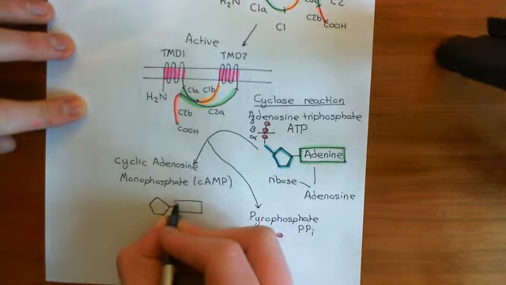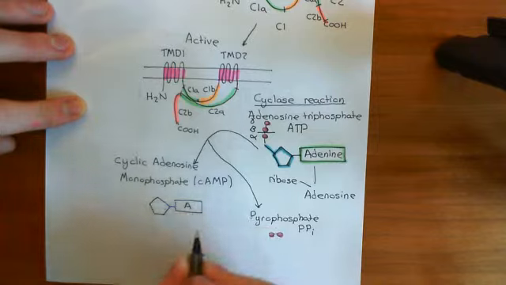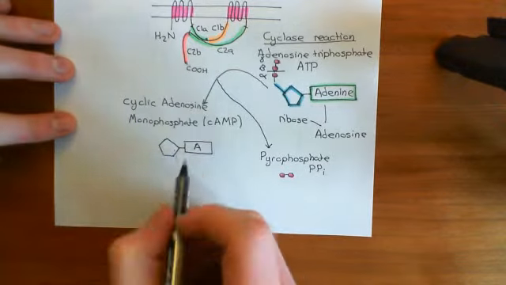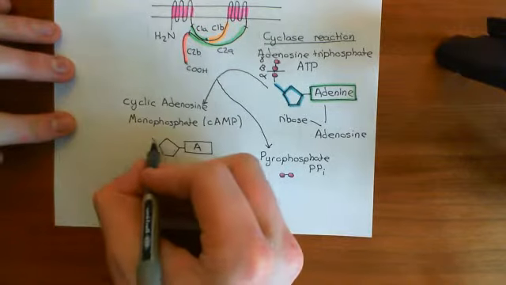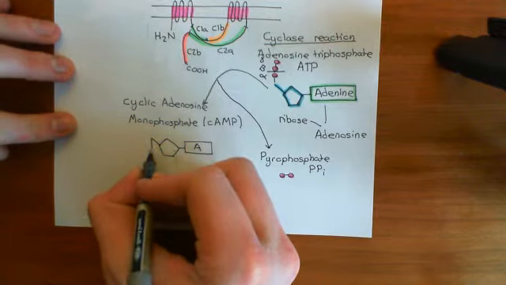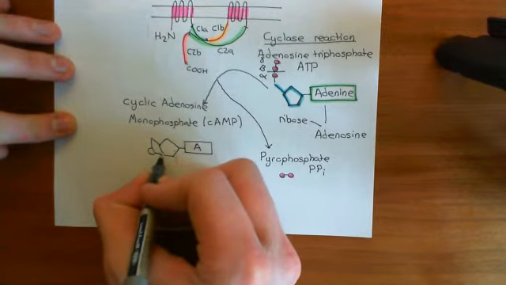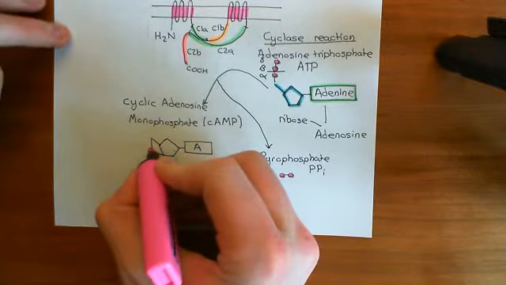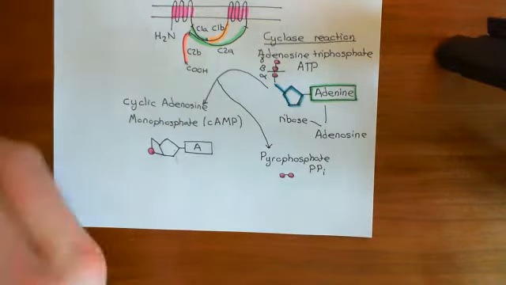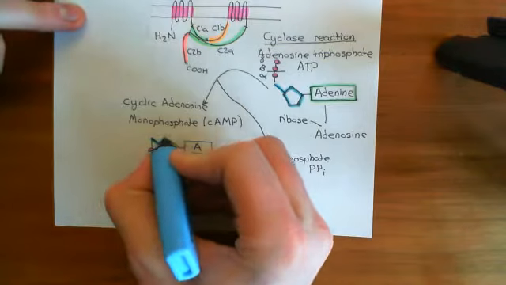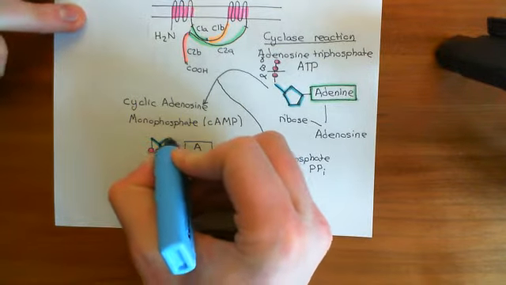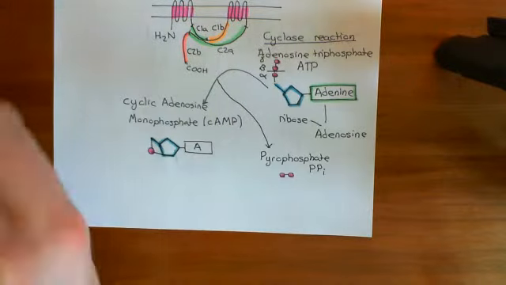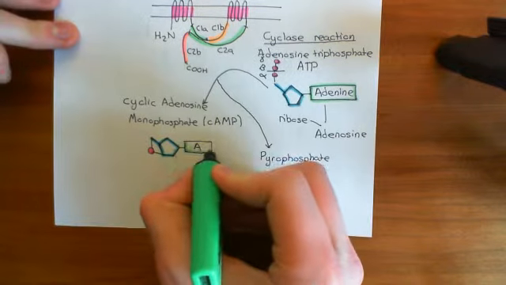So you've still got your ribose with your adenine here, and I'll just denote it as a rectangle with A written in it. Then you've got your 5th carbon coming off up here, then a phosphate group coming off that 5th carbon. But the phosphate group is now linked down to the 3rd carbon of the ribose sugar, like so. Okay, so in blue there we have our ribose sugar, and in green we have our adenine.